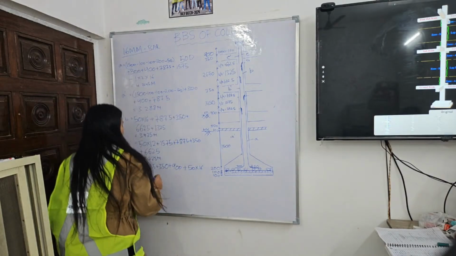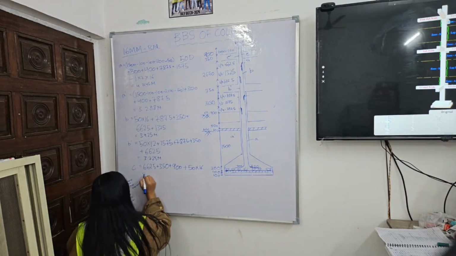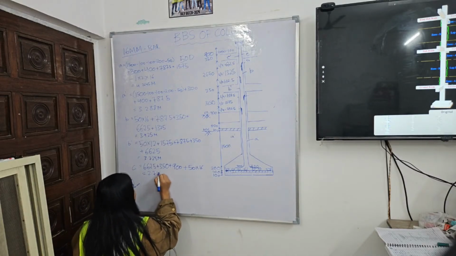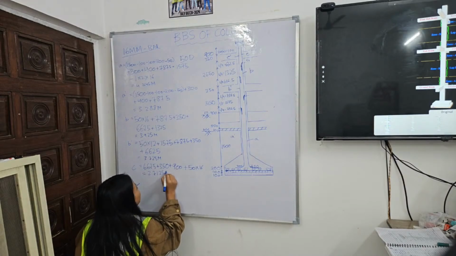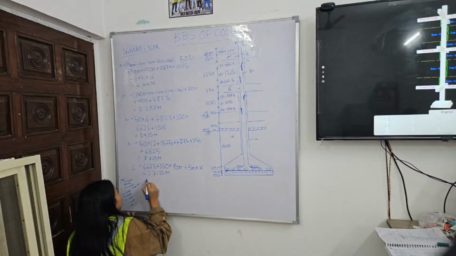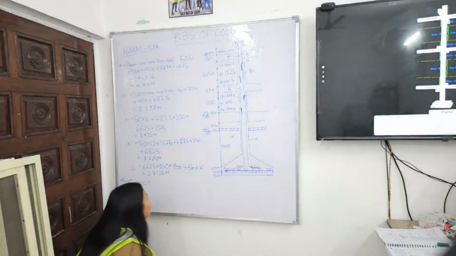Now we have the value that is 2.7125 meter. And then comes C dash, which is 12 mm bar.